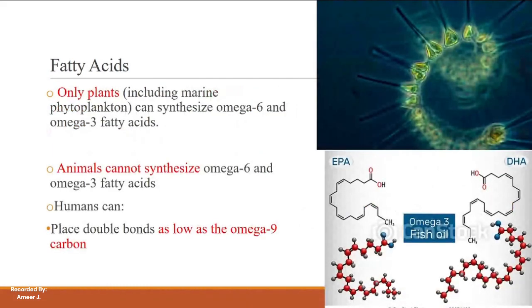The notice in this part is that only plants, including marine phytoplankton, can synthesize omega-6 and omega-3 fatty acids. So, as a result, animals cannot synthesize omega-6 and omega-3 fatty acids, and humans can place a double bond only as low as the omega-9 carbon.